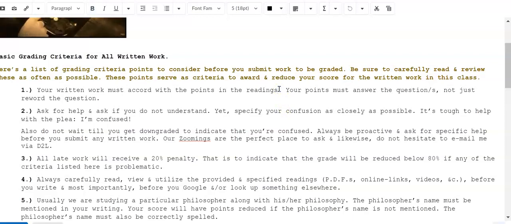Let's just make that change. Let's see, readings, videos, screencasts.